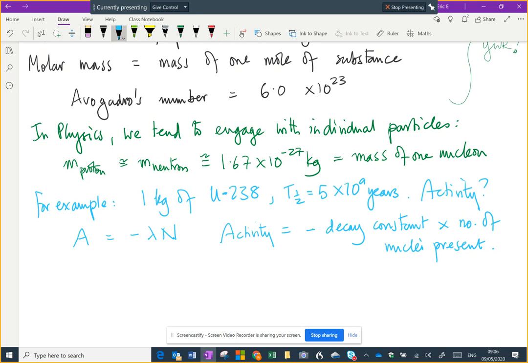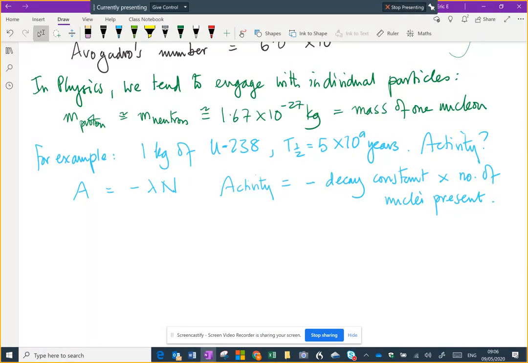Okay, so the activity is related to the number of nuclei present. We looked at this last term. It wasn't in the exam, but the ratio is the constant lambda, the decay constant.